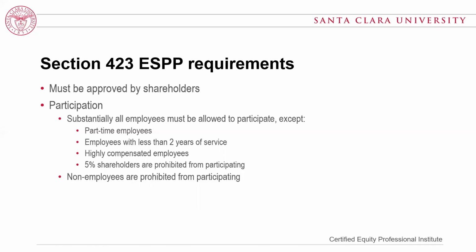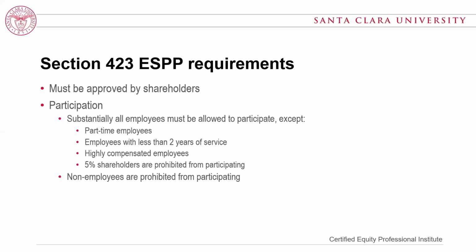And just like there were rules under IRC Section 422 for incentive stock options, to qualify under Section 423, plans must meet specific rules. There's shareholder approval. The ESPP must be approved by shareholders within 12 months before or after board adoption.